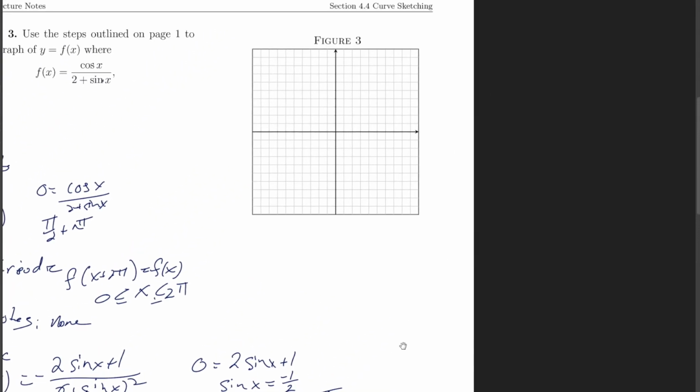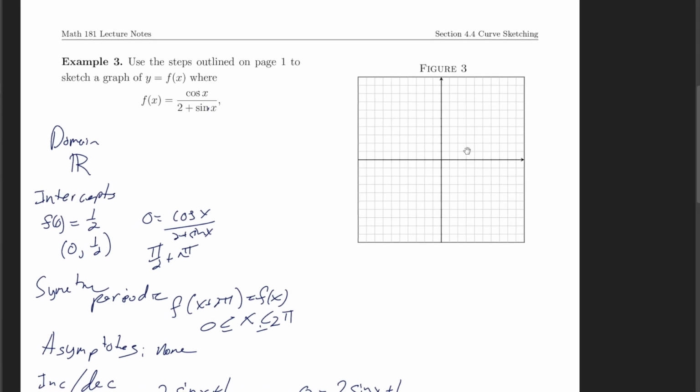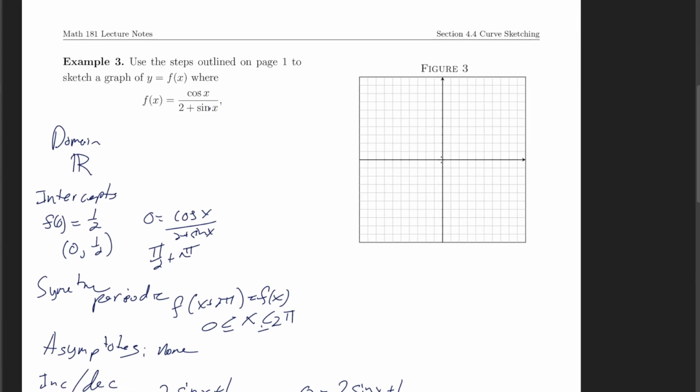We have everything all built. Let's go put it in. So where is our intercept? Our one intercept here is 0.5. So let's see how I want to draw this. Let's make this 1 and let's make this 2. Let's make this -1 and this -2.